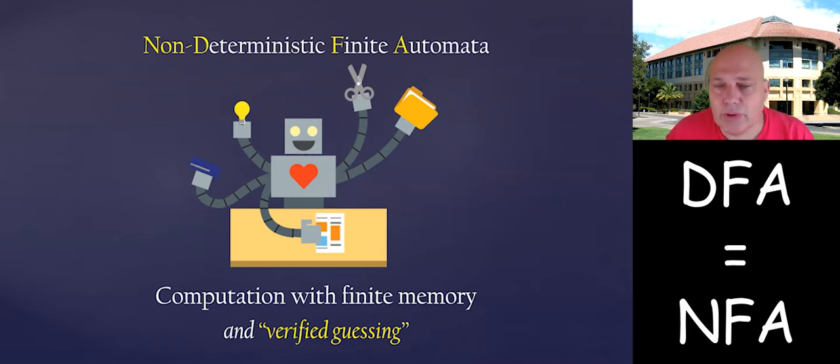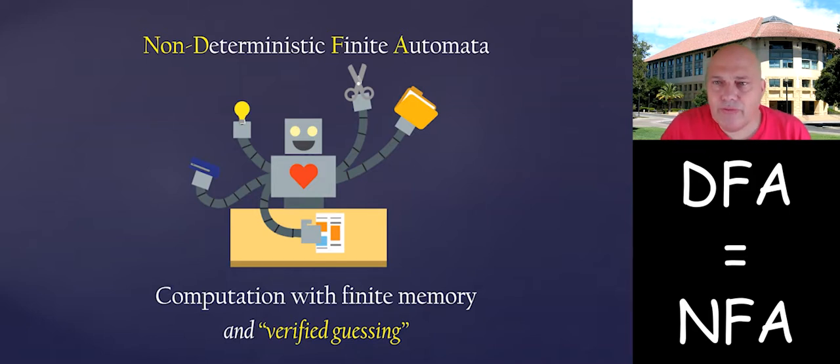And what we show here is that non-determinism doesn't add power for finite automata, which will be different from what we'll see for Turing machines at some point. But we'll discuss what exactly this means at the end of the video. So still, although we define here computation with finite memory and we give it much more power, we don't get anything in return.